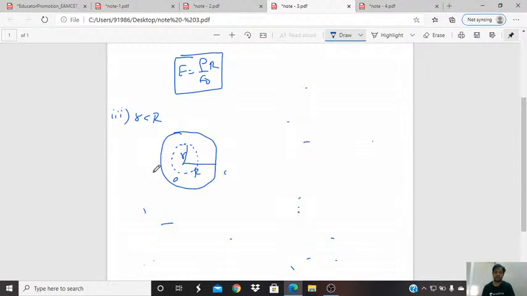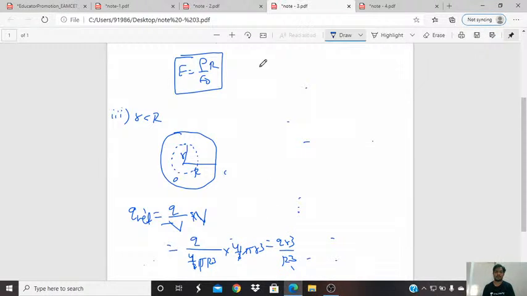So up to here only we have to take the charge. How can we find the charge up to here? Q net is total charge by total volume into corresponding volume. So total charge by total volume 4 by 3 pi R cube into corresponding volume 4 by 3 pi small r cube. So Q into small r cube by capital R cube.